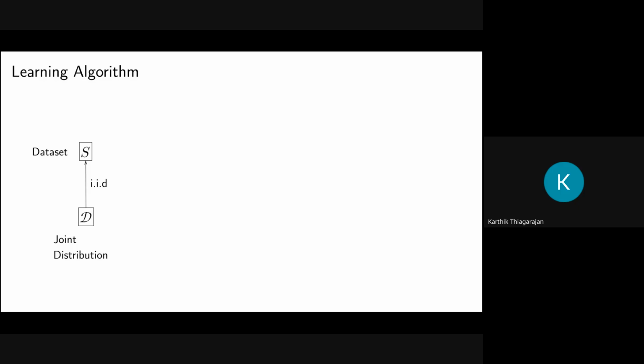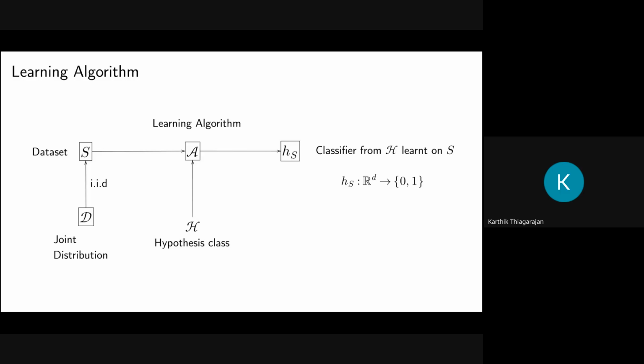You don't just feed the data set, you also feed the set of classifiers you are going to learn from, because you need to restrict your hypothesis class to something manageable if you want to learn. You feed both of these things into a learning algorithm, and the learning algorithm is going to output some classifier from H. From the space of possible classifiers, it's going to pick one, and that is what we call h_S.